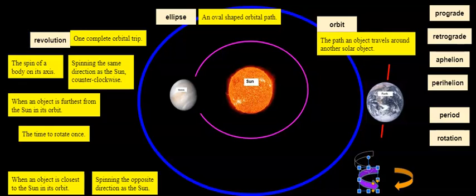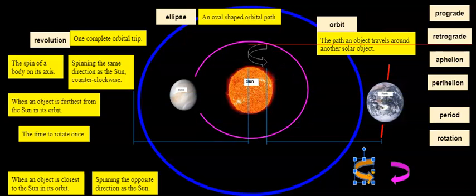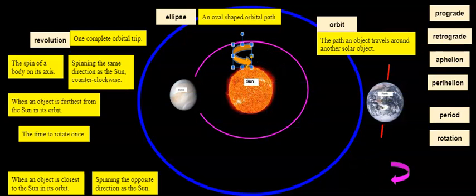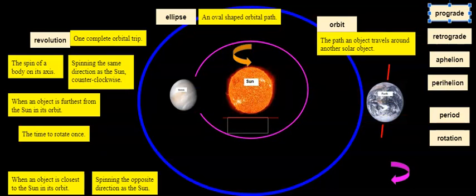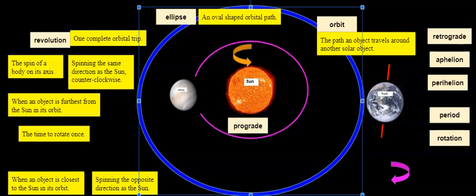And so counterclockwise would be represented by this orange arrow. Let's go ahead and move this orange arrow over here by the sun. So the sun rotates counterclockwise, and we call this type of motion prograde. So prograde is the norm in our solar system. The sun rotates prograde, the Earth rotates prograde, and almost all the other planets do.